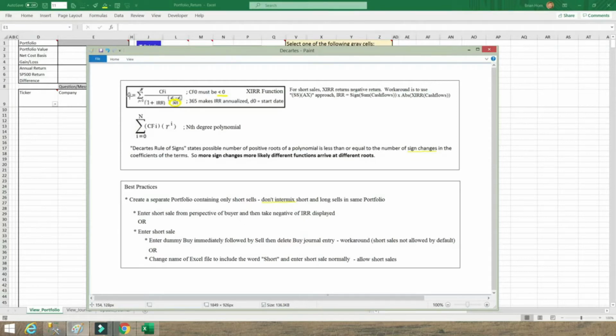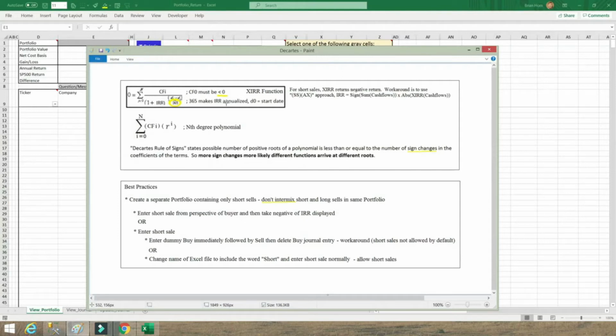Short sales cause some problems with the formula because the formula assumes that you're doing a net present value where you typically have an investment, or minus cash flows, early in the life of the investment, and then later on you start having positive returns.